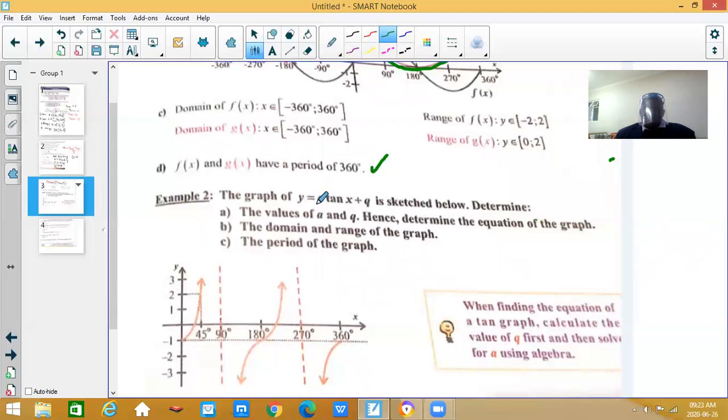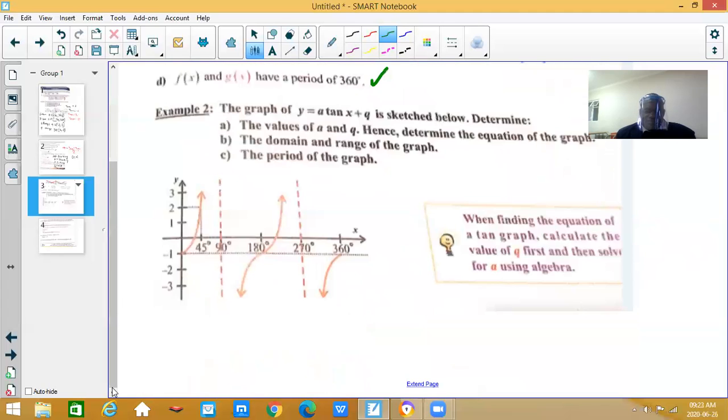The graph of y is equal to a tan x plus q is sketched below. This is the sketched graph that we have. Now, what are they saying? Determine the values of a and q.